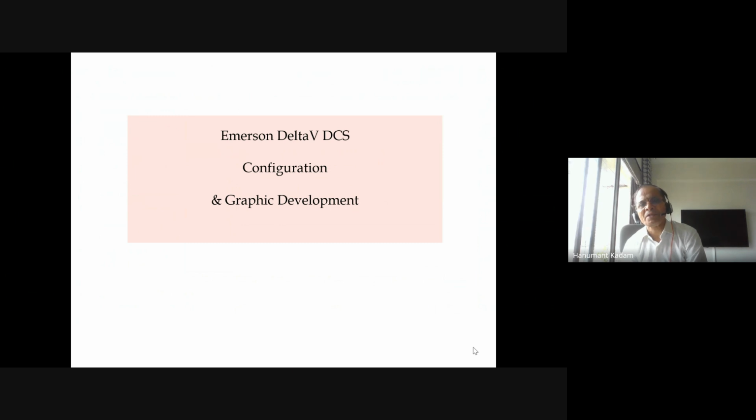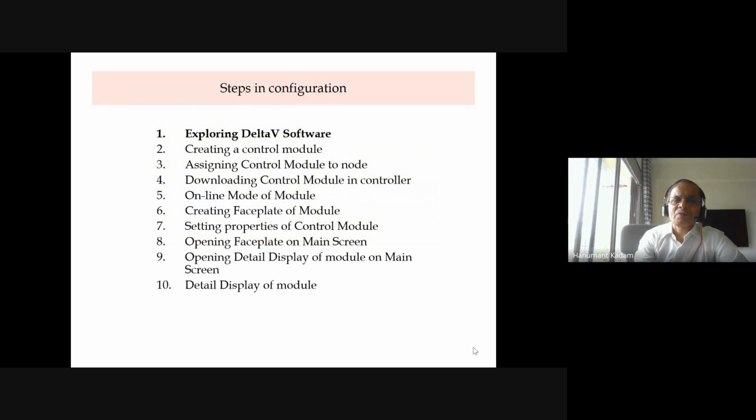Because I have explained the hardware, what software is required, and what the functionality of that is. Now we'll see, when we are actually working with that workstation, what the steps are and how it works in the DeltaV DCS. So Emerson DeltaV DCS configuration and graphic development.